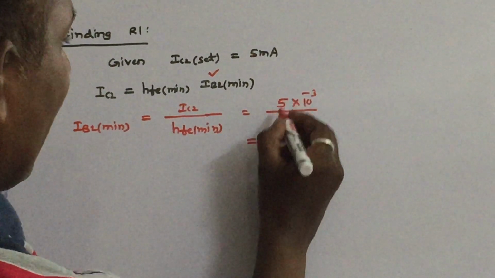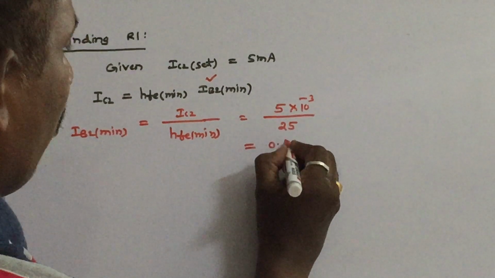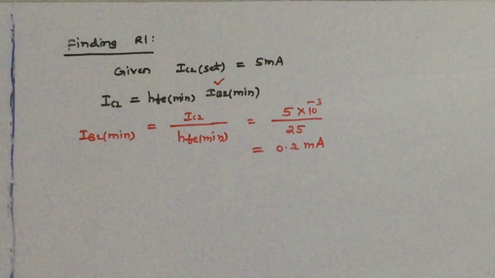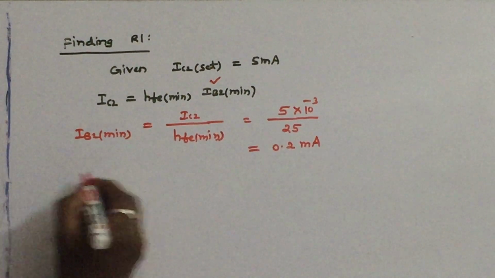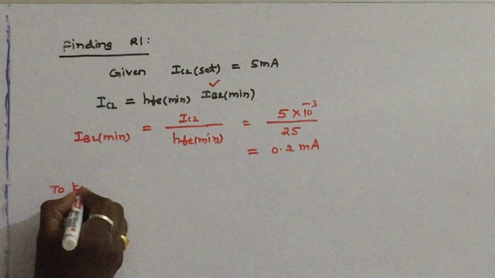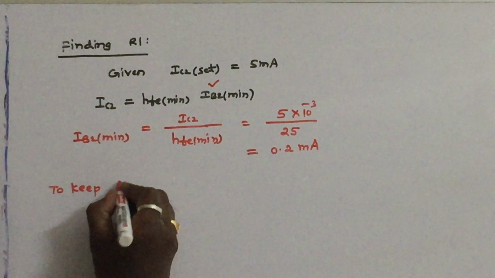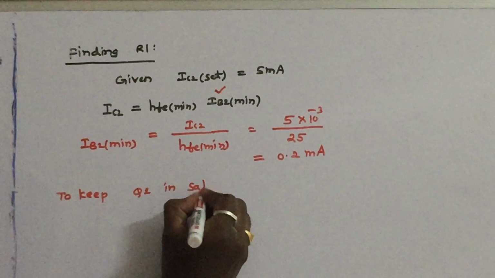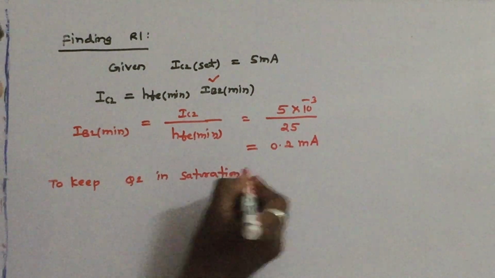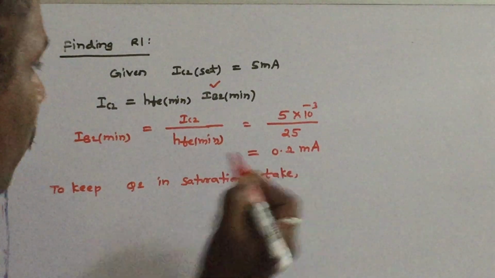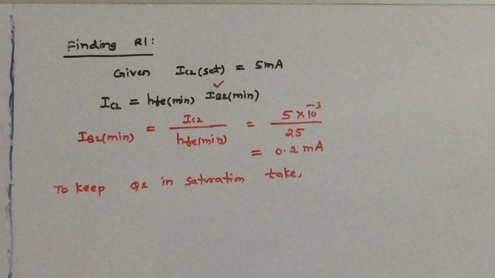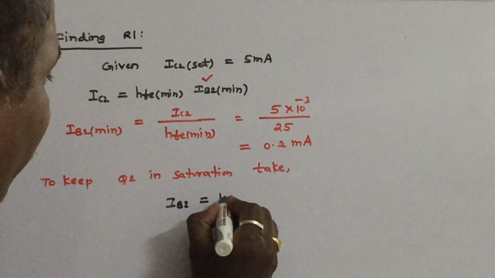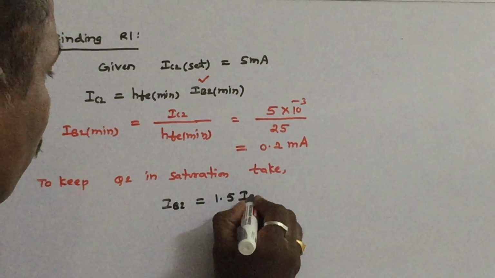So we get 1 by 5, which means 0.2 milliamperes. This is the minimum base current. To keep Q2 in saturation, the procedure is the same for every problem: take IB2 as 1.5 times IB2 minimum.